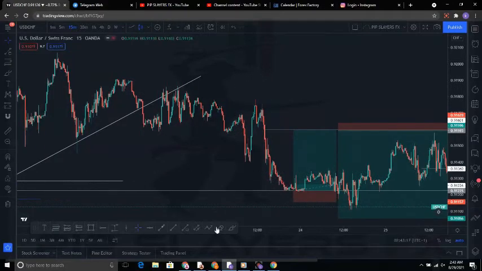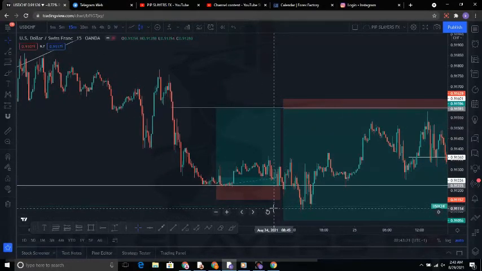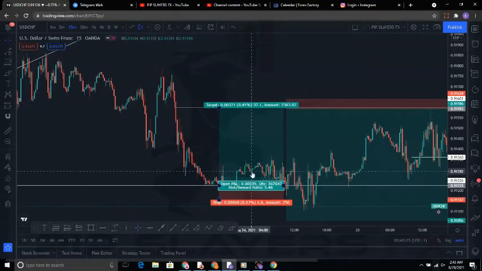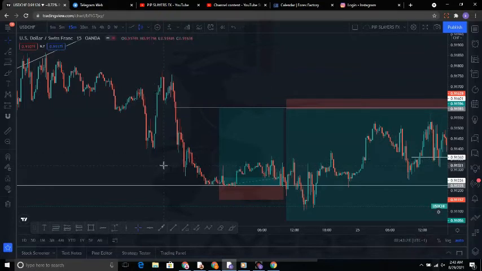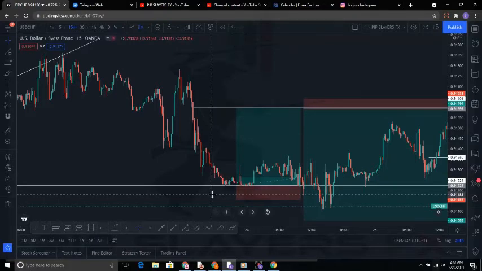And look how the market reacted at this point. This is one of the trades, one of so many trades we took last week, which were very, very successful. Come on, look at the reaction at this point.